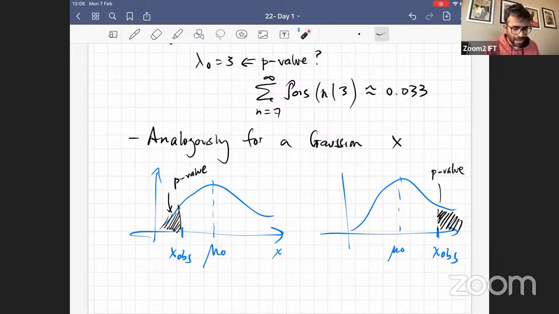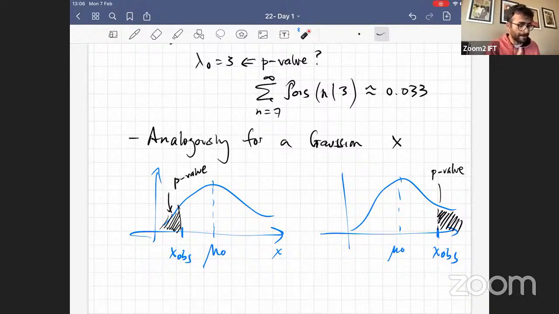Now I have the likelihood of this observation with respect to my null hypothesis, and in order to construct the p-value, I am told to sum the likelihoods of other possible data compatible or less compatible than this.